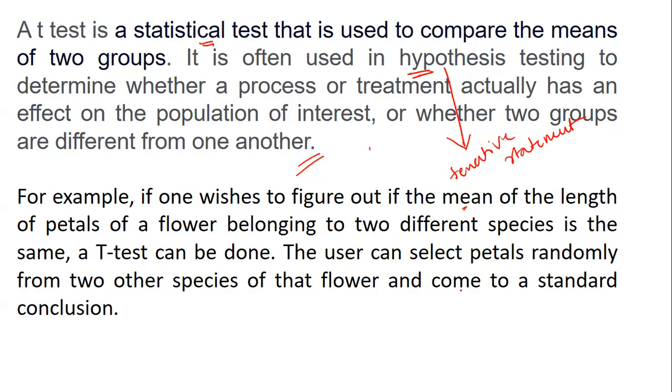The user can select petals randomly from the two species of that flower and come to a standard conclusion. So if you want to test your hypothesis, based on that you will be conducting a t-test. That is nothing but a statistical test.